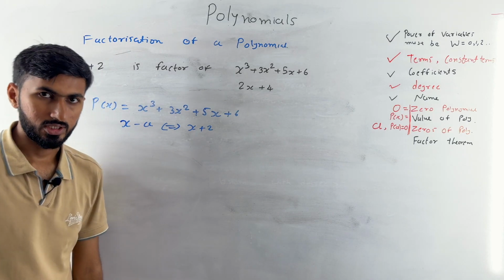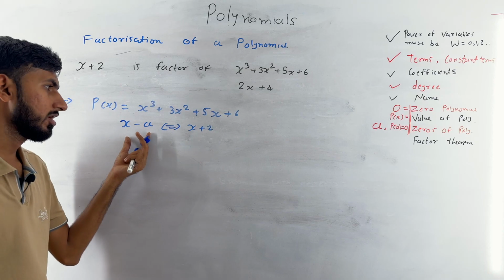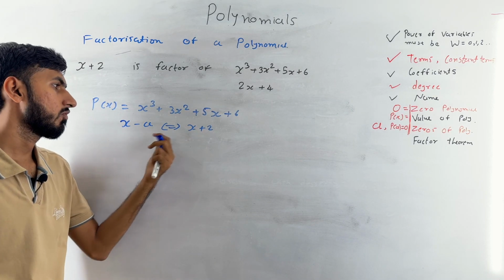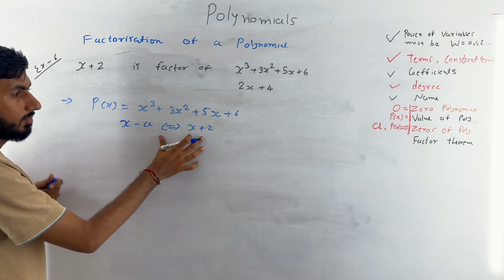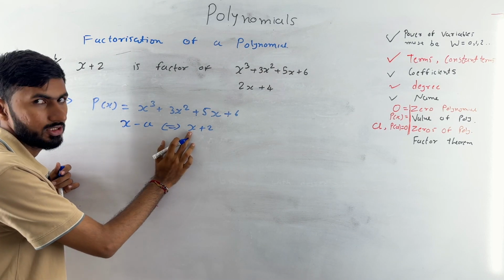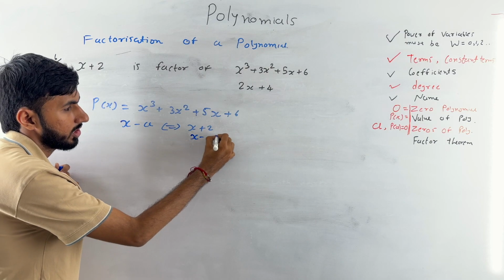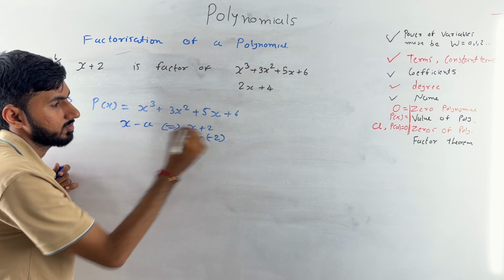In this question I have x plus 2, so I have to find the value of a from this. Comparing, I have a minus sign here and a plus sign here, so I have to change the sign. So I can write it as x minus (minus 2).